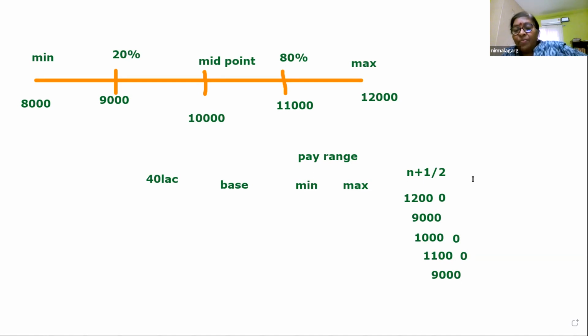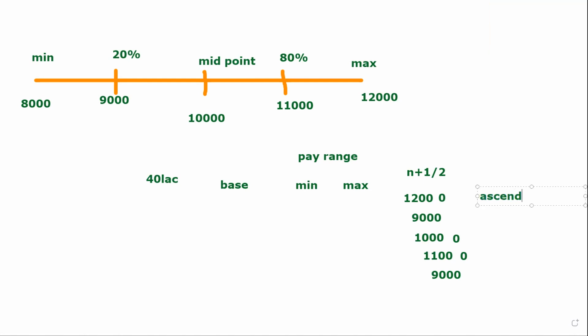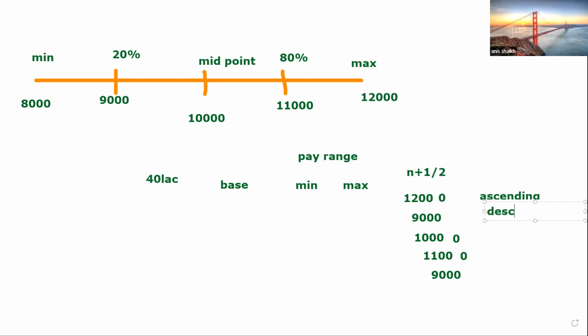In your pay range, there will be people with different kinds of salaries. So first you have to list out 10 people, 15 people and list out their salaries. Then you have to go either ascending or descending. That is the first thing you have to do.